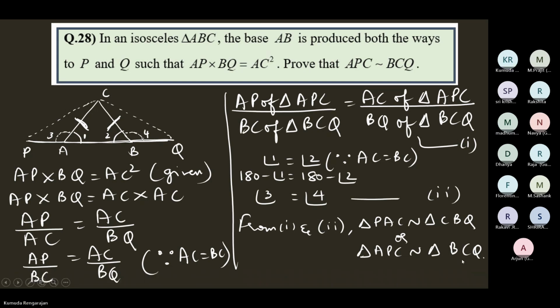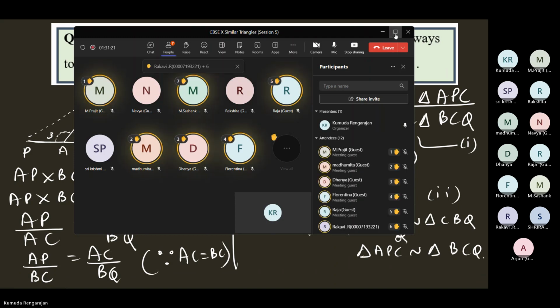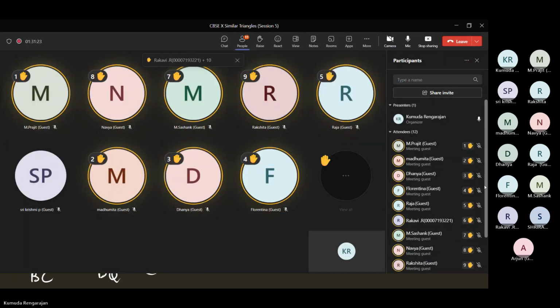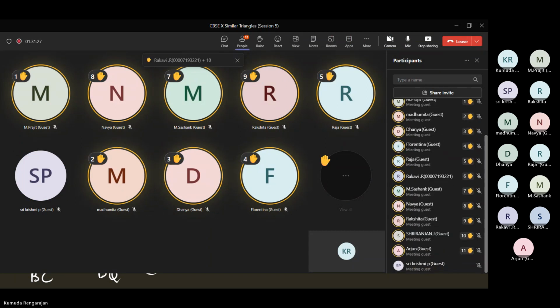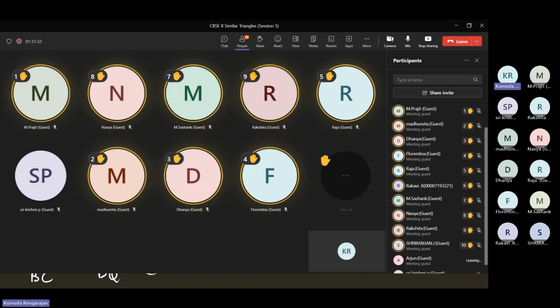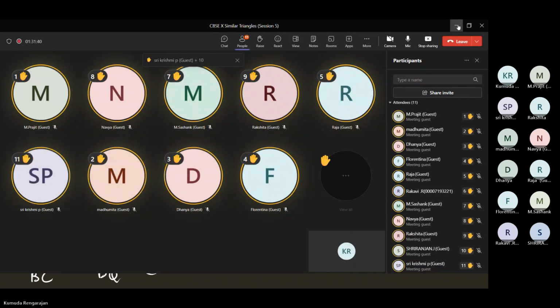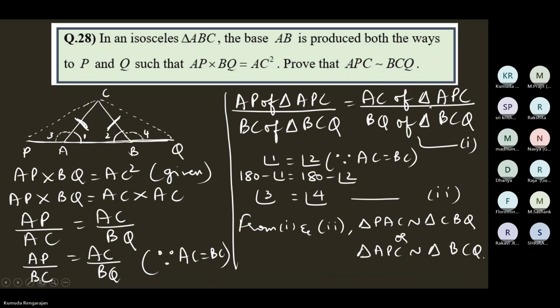Raise your hand. Very good. Rajat, Madhumita, Danya, Florentina, Raja, Raghavi, Sashank, Navya, Rakshita, Ranjan, and Krishmi. Krishmi is there. All the children, yeah. Thank you.